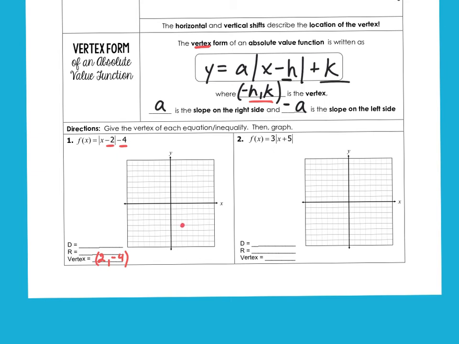Okay? What's my slope? I don't have an a value, right? Just like my parent function didn't have one. What was its slope? Didn't we just have an imaginary 1 out here? Yeah. So I'm going to go up 1 over 1. Up 1 over 1, up 1 over 1. Keep going. Opposite of that would be to go up 1 and left 1.